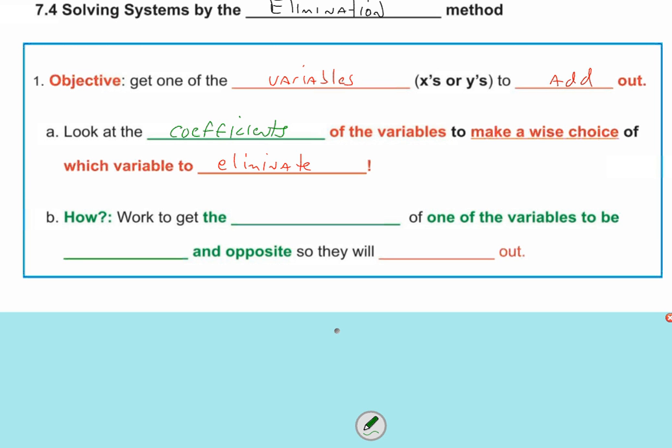All right. How in the world do these variables get eliminated? Well, here's how. Work to get the coefficients, the multipliers of the variable, of one of the variables, and again, here's what I mean. I mean either the X's or the Y's, to be equal and opposite.